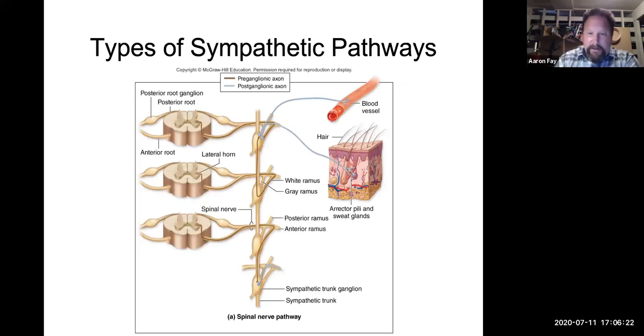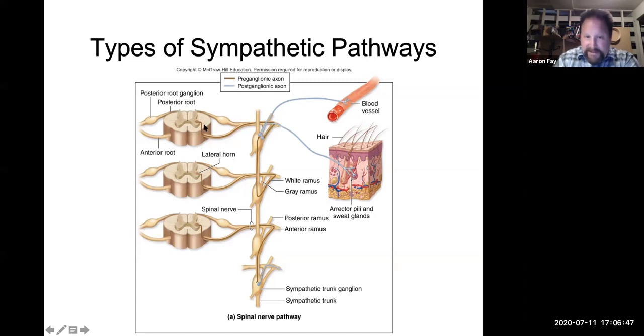So, spinal nerve pathway. Here we have our preganglionic neuron. Its preganglionic axon is leaving the anterior root. Notice, this is the first neuron, the neuron that's myelinated. It's leaving by the anterior root to the spinal nerve to the white ramus. There it enters the sympathetic trunk.